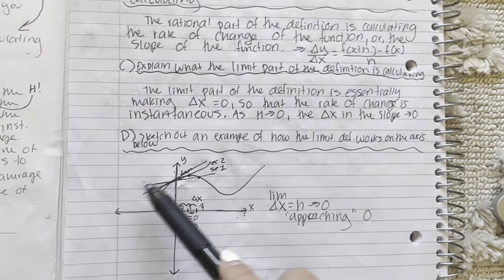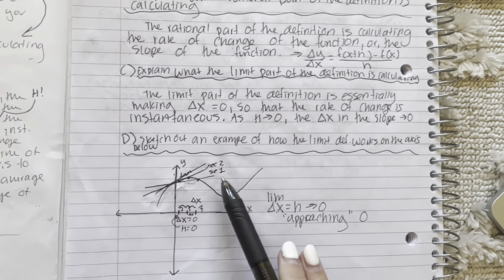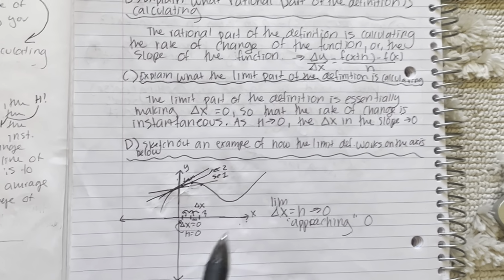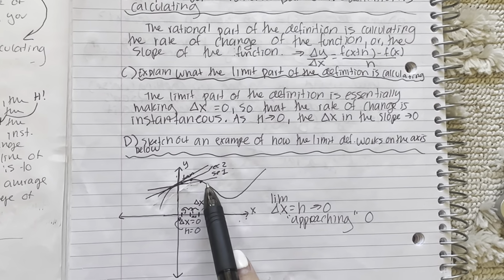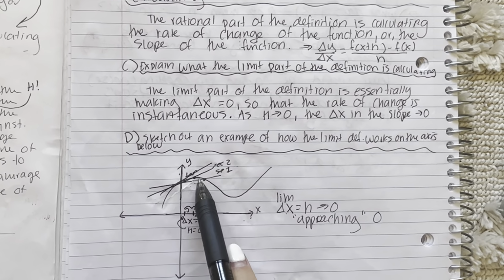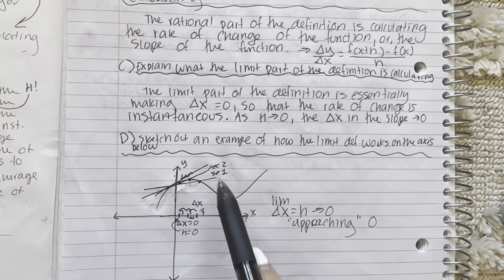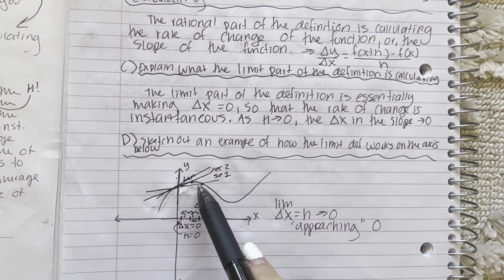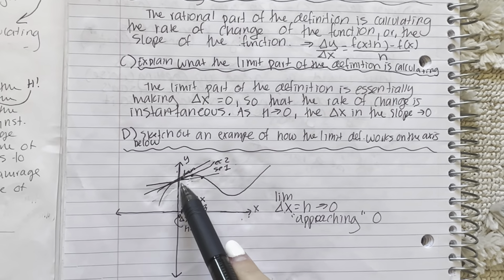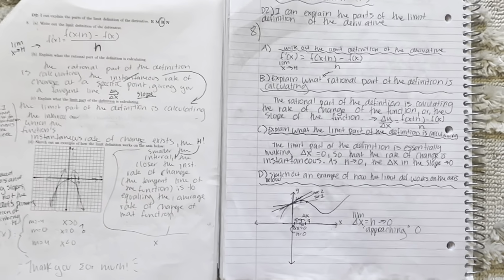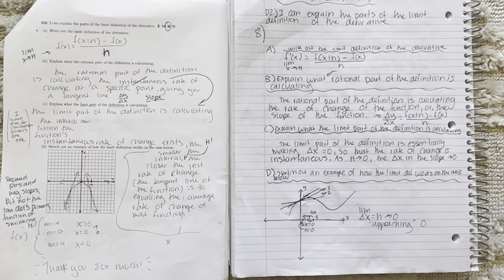The intersections of the lines on the function are further away than at this point, which is where h is closer to 0, and the point on the secant line is closer to the tangent line point. So yeah, that is my explanation of learning target D2.